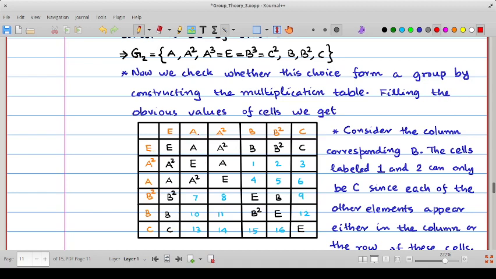The column label is A and the row label should be another element such that when we multiply that element with A, we should get E. But we already know that A cube is equal to E. And therefore, if we choose this label to be A square, this cell will be A square times A, which is A cube, and therefore equal to E.